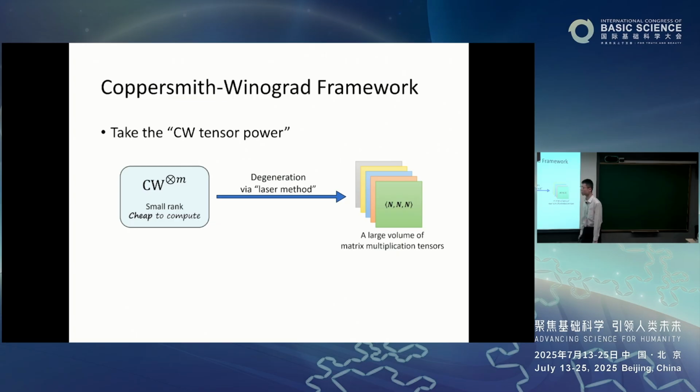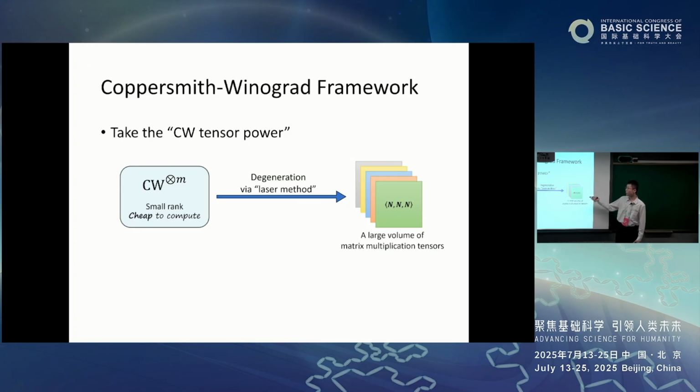So let's go back to this. We were saying that by taking a high power of the Coppersmith-Winograd tensor, we get a large bilinear problem, which we write on the left-hand side, and we know it is cheap to compute. Then the second step in this framework is to perform a complicated process called the laser method, which degenerates the tensor on the left-hand side into the right-hand side, which is a large collection of matrix multiplication tensors.